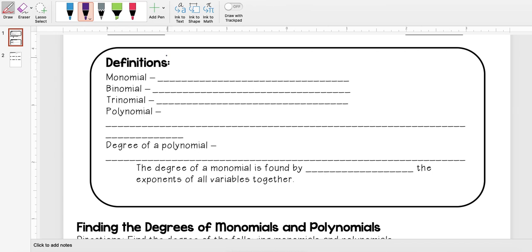The first one is a monomial, and that just means one term. So for example, negative 3x to the fifth is a monomial. It's just one term. A binomial is two terms.